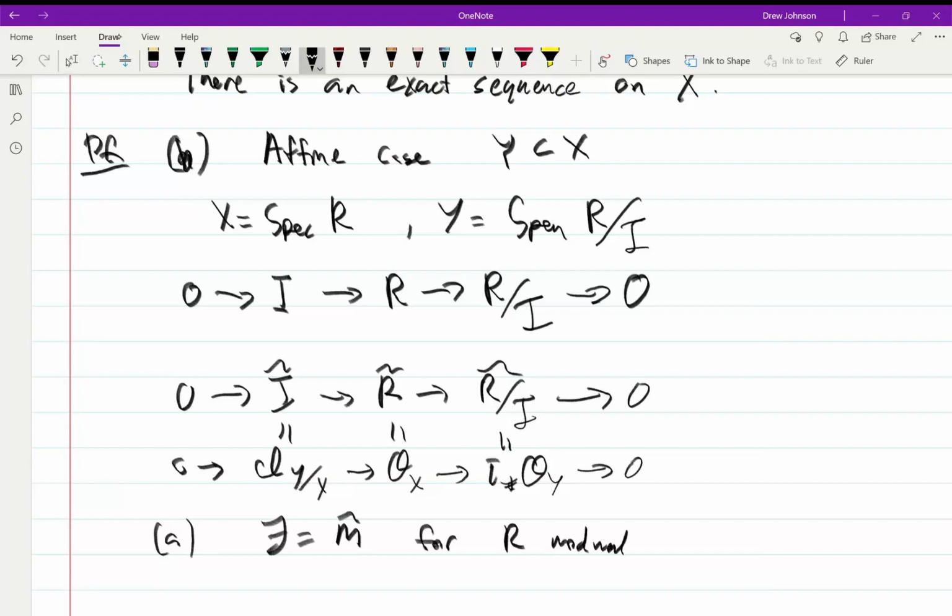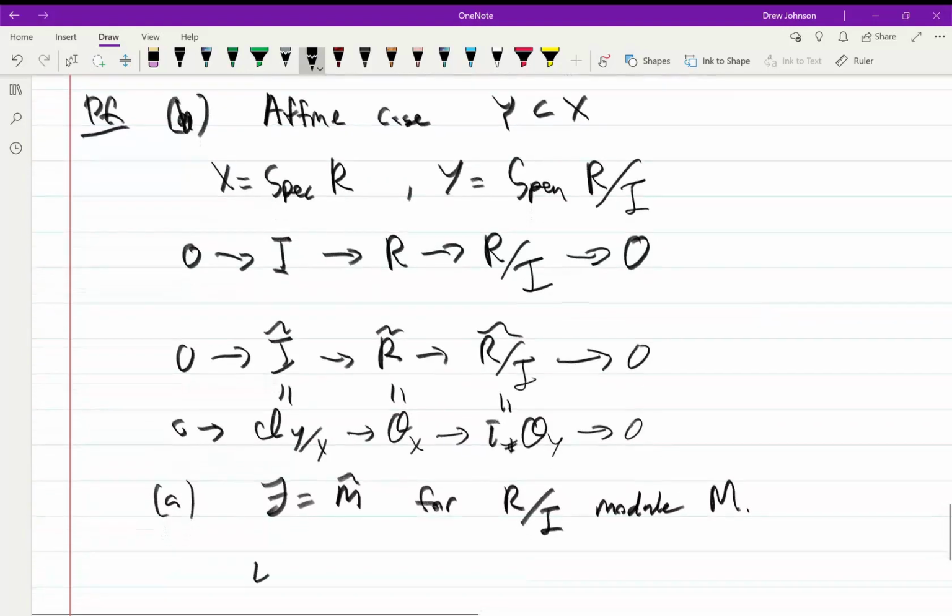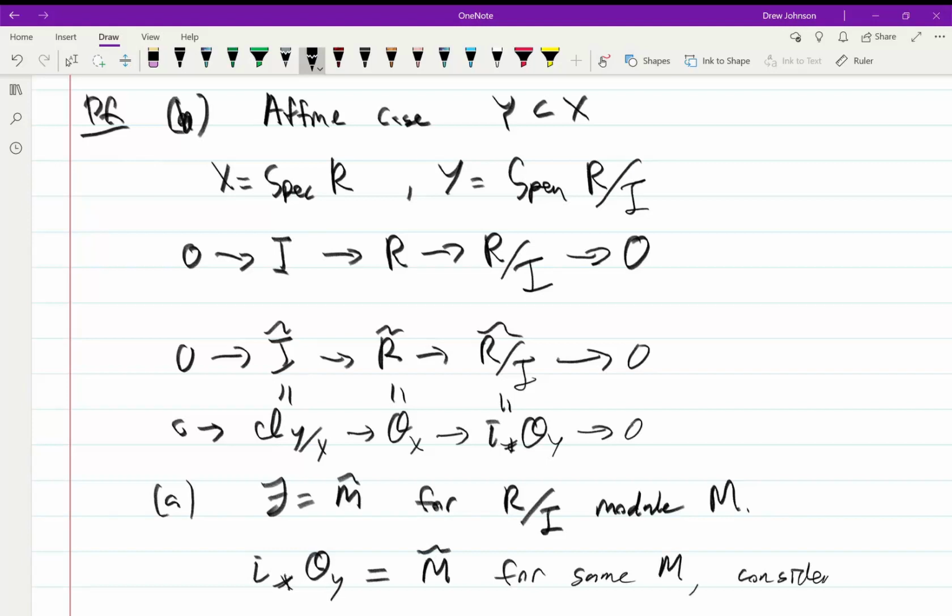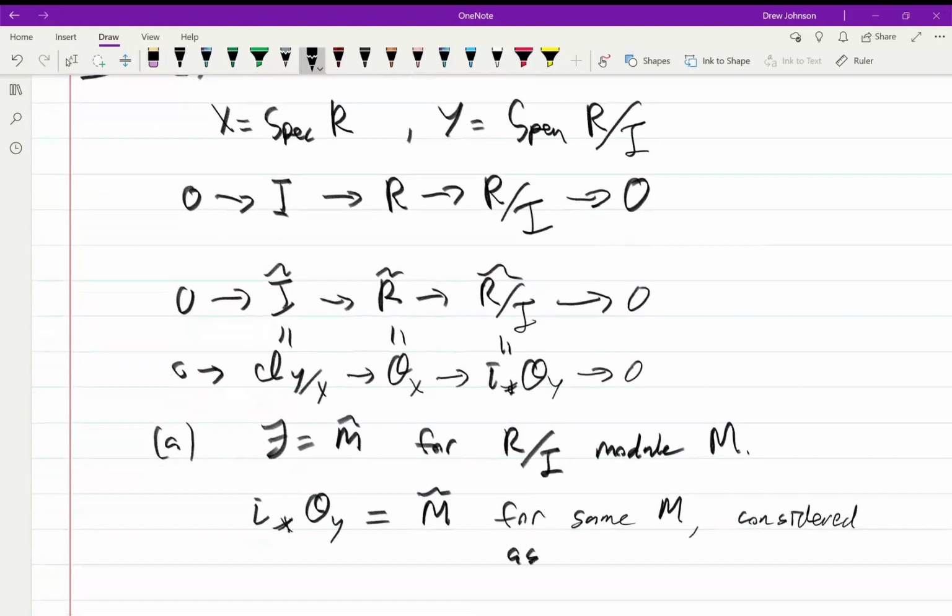Sorry, not an R module, because this is quasi-coherent on Y, so it has to be an R/I module. All right, so then the push forward onto X will just be equal to m tilde for the same m, but now considered as an R module, right?